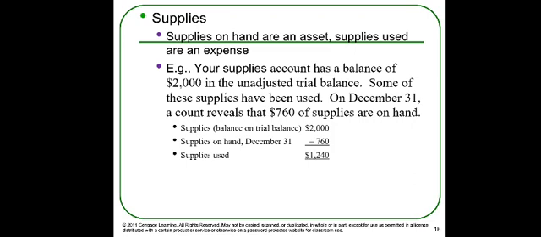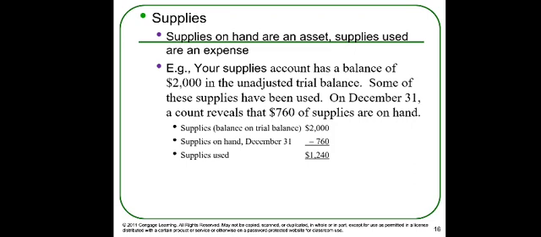you have a business, and then your supplies account has a balance of 2,000 in the unadjusted trial balance. It means that at the beginning of the year, in your record, you have $2,000 value of supplies. So during the year, some of these supplies have been used.